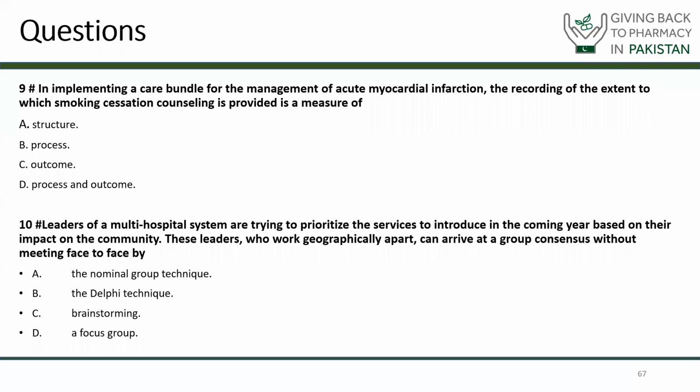Process. As we discussed, we have three types of indicators: process, structure, and outcome. And we are discussing here the providing of information to the patient.